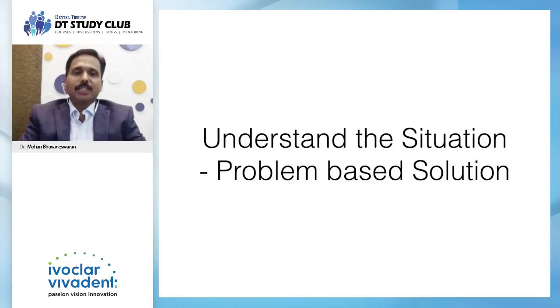You should understand the situation and devise a beautiful success recipe, that is, the treatment plan for that problem. If you blindly give the same treatment plan to all situations, then our dentistry will not be successful. So please understand the situation and accordingly give the solution.